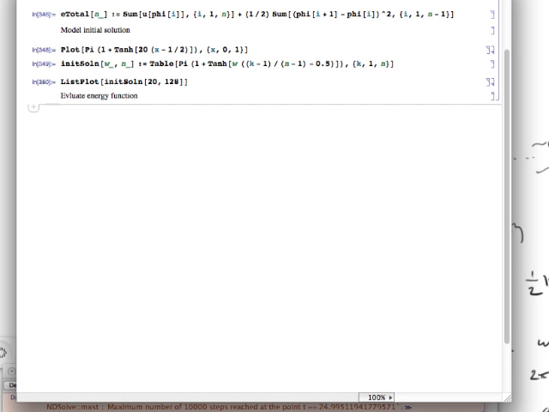So to evaluate the energy, we have a function called eval e, and it depends on a list of values, meaning the phi values for all the different beads. So what we need to do is to define the function phi to have the values at the integers which the list tells it should have. And that's done like this.